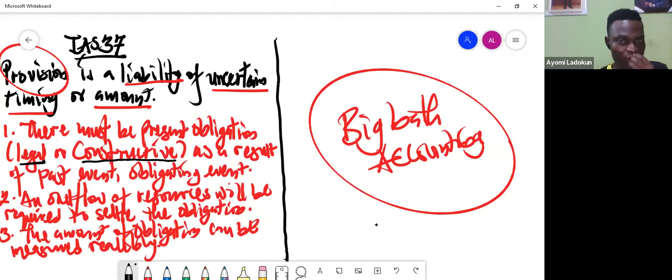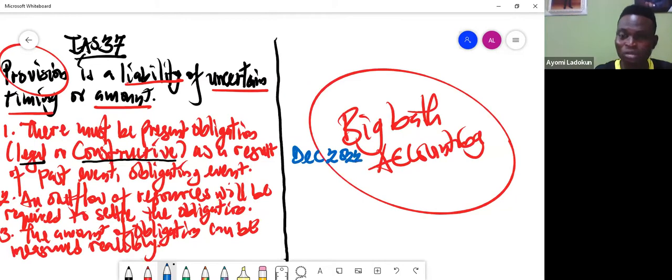Let's say, for example, the Lagos state government enacts a law, okay, that all tuition houses in Lagos must install a robot into their tuition houses by December 2022, okay? They must install a robot so that when students are coming in, it's going to scan them and see whether they are virus free, for example. And the law says you must install by December 2022, okay?